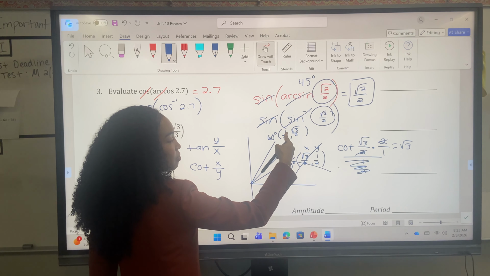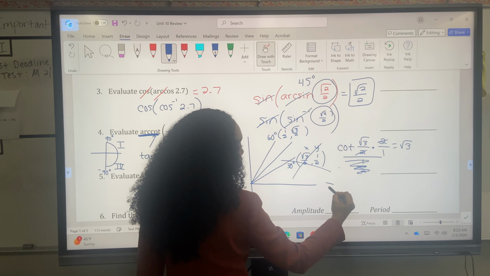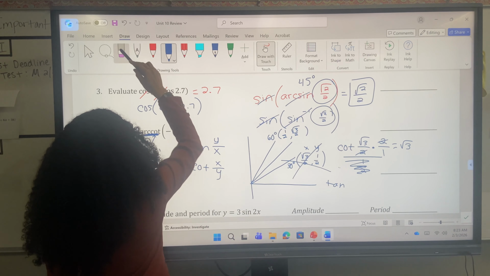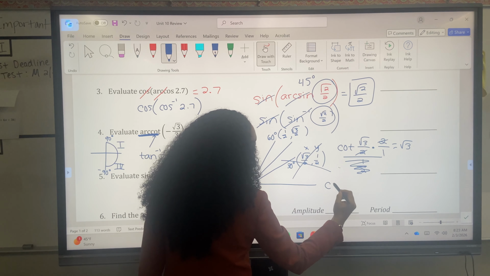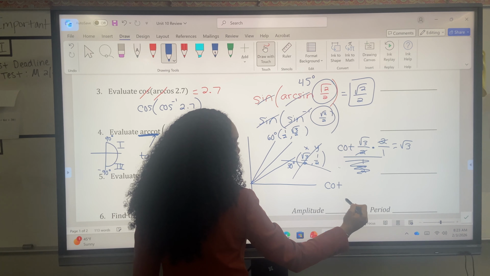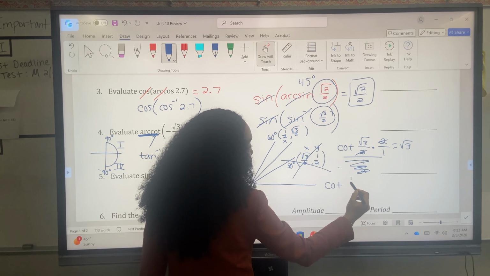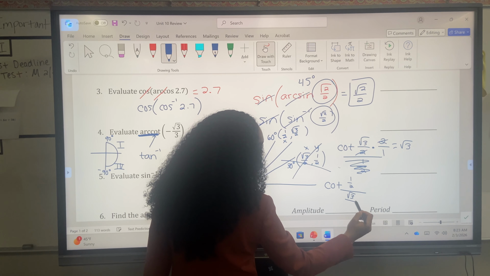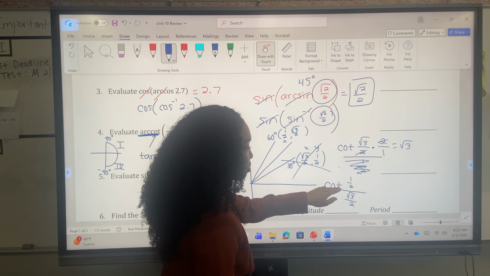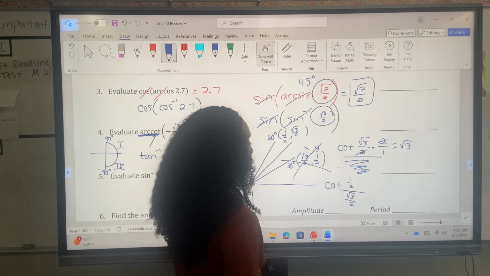Let's try this one. So cotangent is x over y. This is x, which is 1/2, over y, which is square root of 3 over 2. Now, when you're dividing fractions, you flip the second one and you multiply.